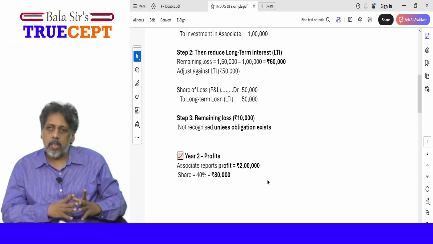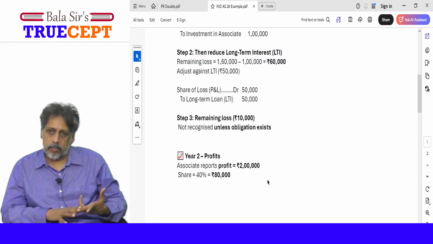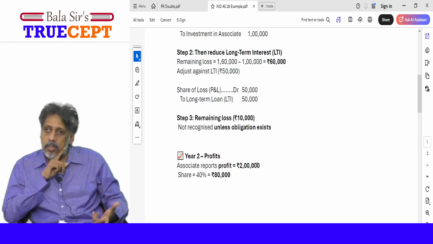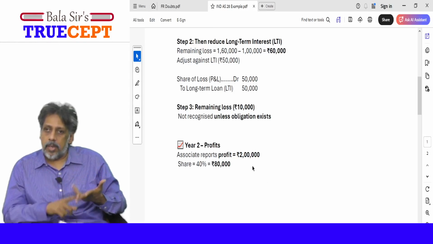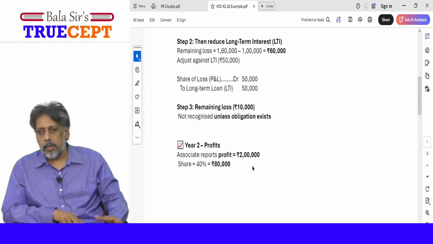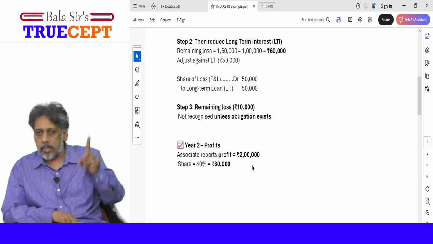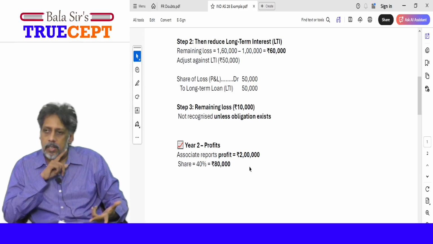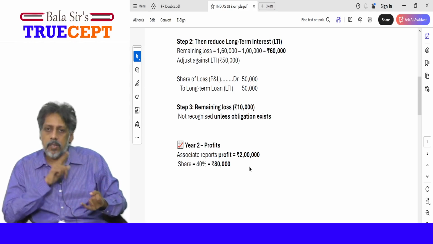So step 3, remaining loss 10,000 not recognized unless an obligation exists. But if there is an obligation for you, the entry would have been debit share of loss P&L to liability. But here no obligation exists, nothing is given, no guarantee given by your company. Therefore, the 10,000 loss will not be recognized in your books.